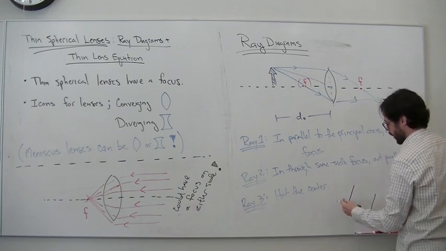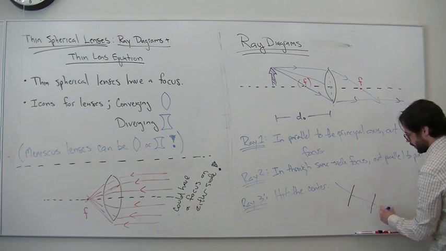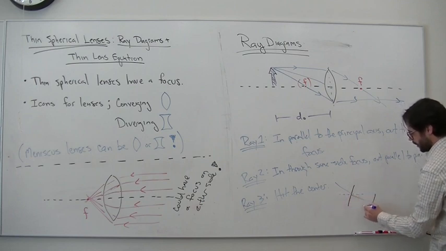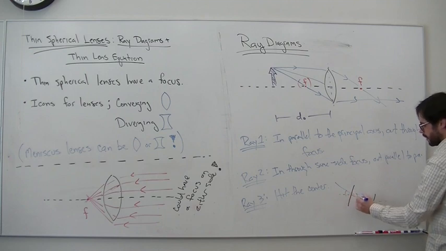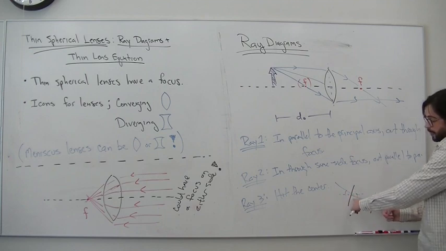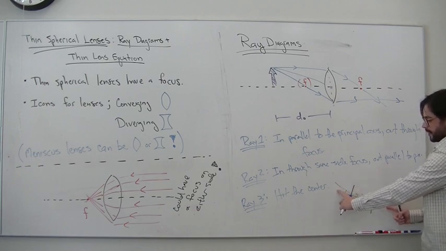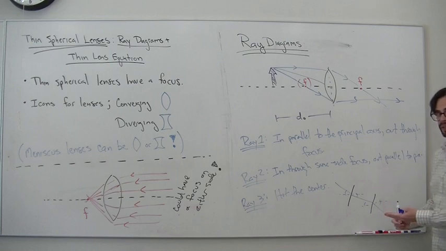And if I have a ray coming into 2 parallel sides, it'll kink. But as you probably noticed when you were doing your first lab at home, even with Tupperware containers that have a rounded side, this angle and this angle are the same. All that happens is it kinks.